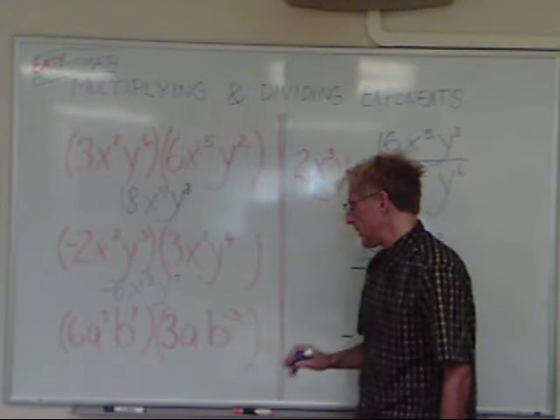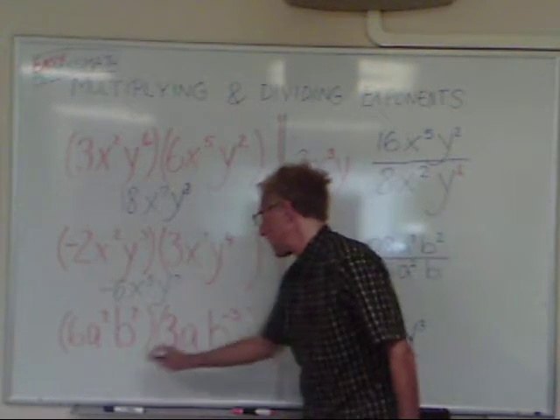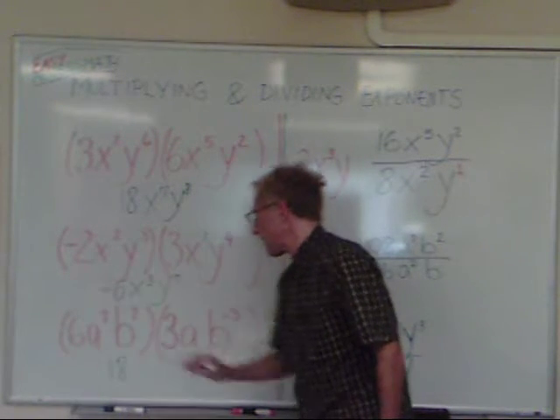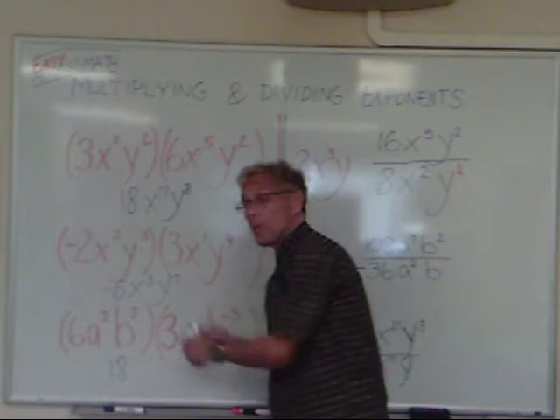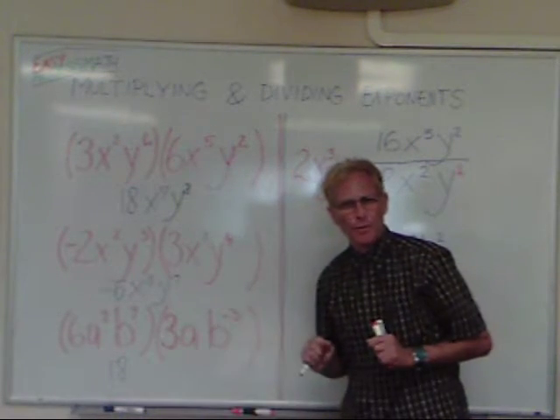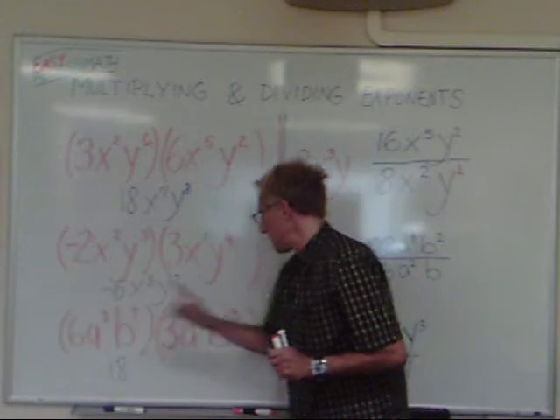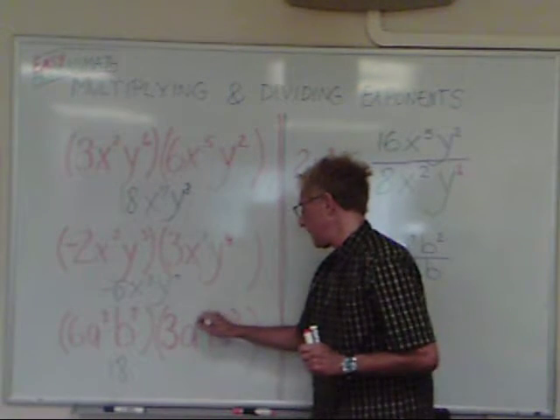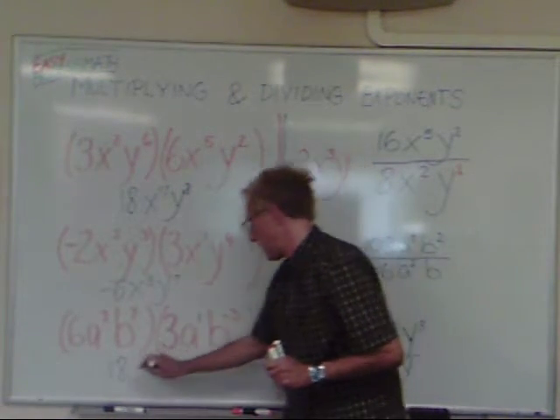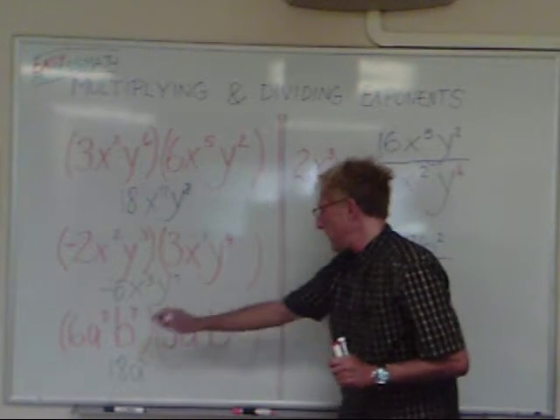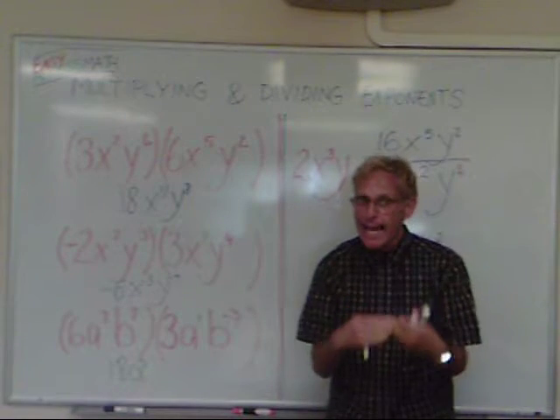Down here, 6 times 3 is 18. A to the second, remember we actually multiply those big numbers, the coefficient, but the exponents we add. A to the second and a, again, invisible 1 to the first is a to the third. B to the seventh and b to the negative 3.